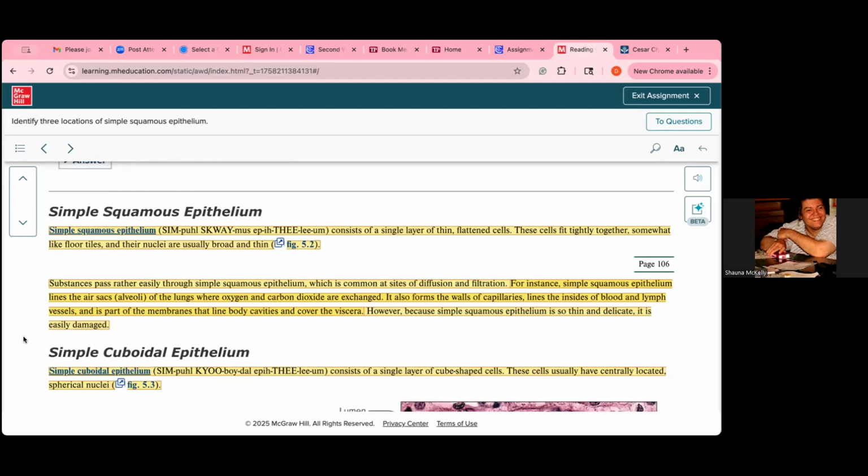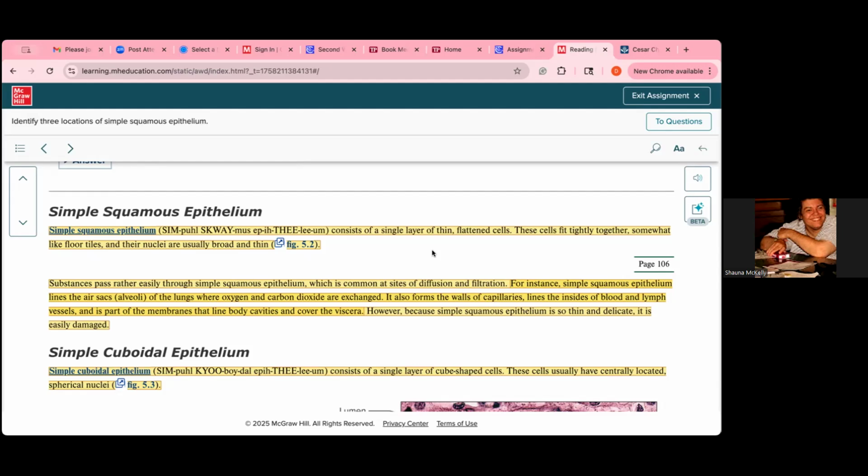It also forms the walls of capillaries, lines the insides of blood and lymph vessels, and is part of the membranes that line body cavities and cover the viscera. However, because simple squamous epithelium is so thin and delicate, it is easily damaged.